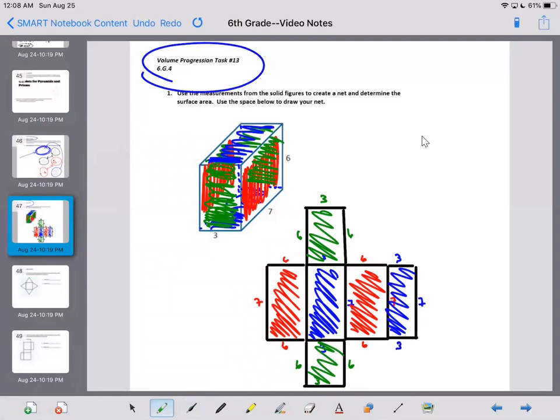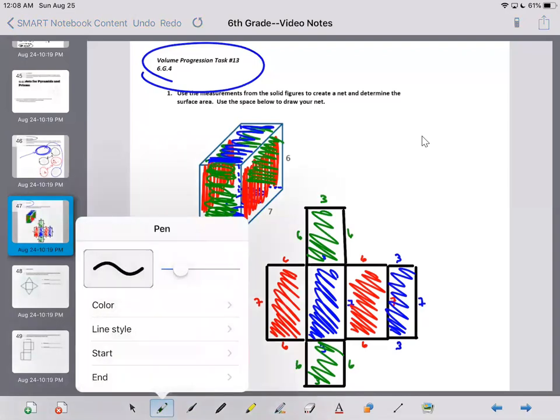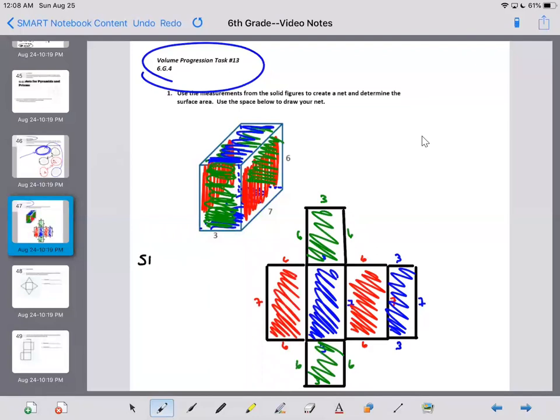So if I want to calculate the surface area, here's what I know. I've got green, which means I've got 2 of those that are in green. Well, what are they? There's 2 of them that are 3 by 6s.